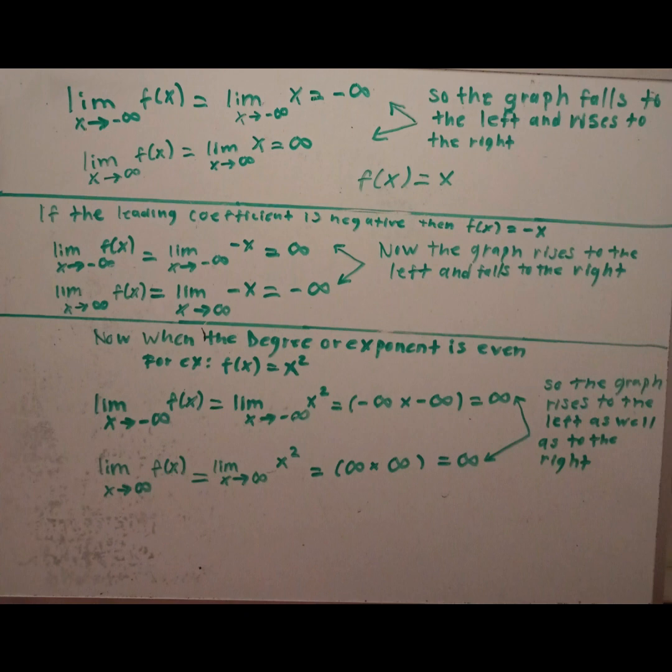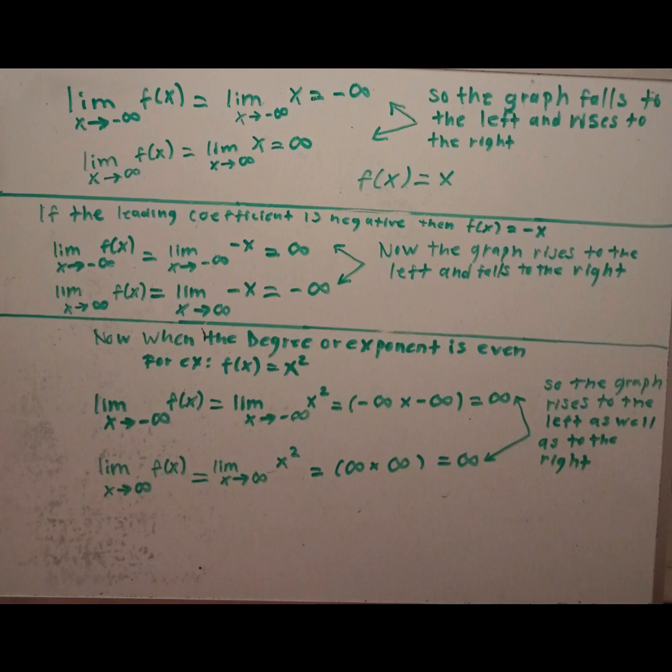Next example, we have a new function f of x equals x squared, with x being raised to the second power. We plug negative infinity into x squared, and negative infinity times negative infinity is a negative times a negative, which will be a positive.